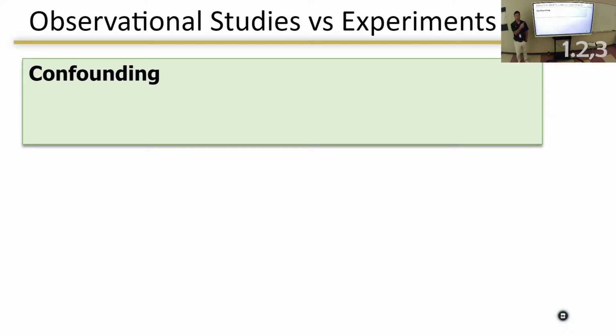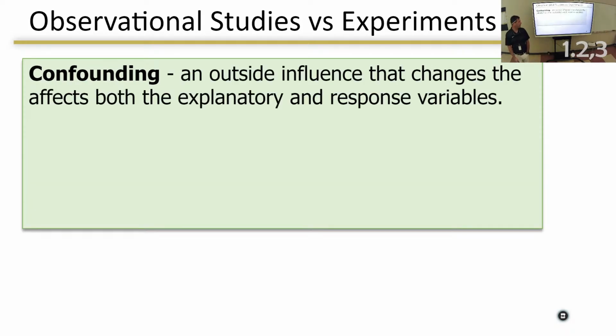Students misuse this variable more than any other. But a confounding variable is some type of outside influence that affects both the explanatory and the response. It's a confounding variable.